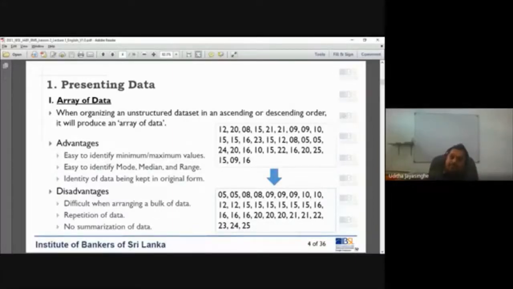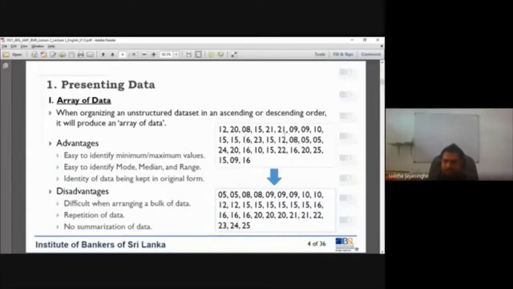So this is nothing but a perfectly spread, unstructured data set. But when you look at the bottom rectangular area, what I have done is I have arranged them in an ascending order. So out of these couple of 5s here, I can see 2 number 5s here. I will just put these as the very first items in this data set.